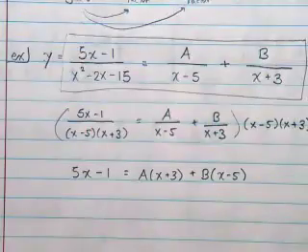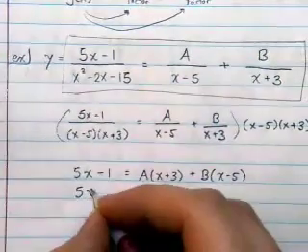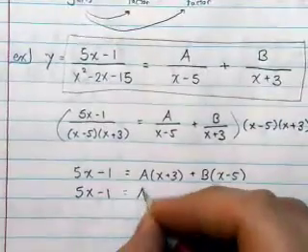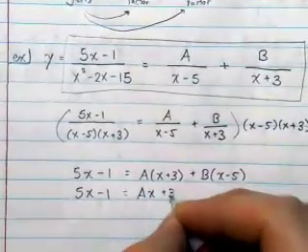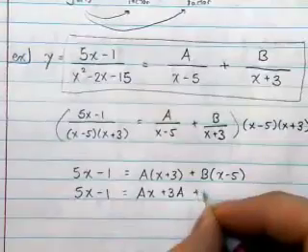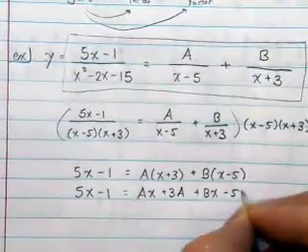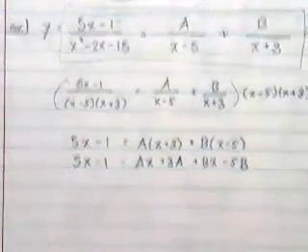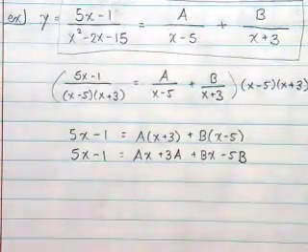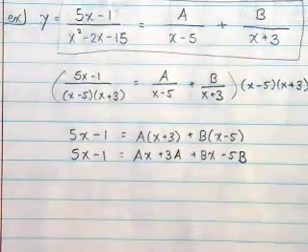Okay, well, let me distribute some stuff here for a second. It's going to seem like I'm making this thing more complex, but it's actually going to help us out here. I distributed the A and I distributed the B. That's what I did there.